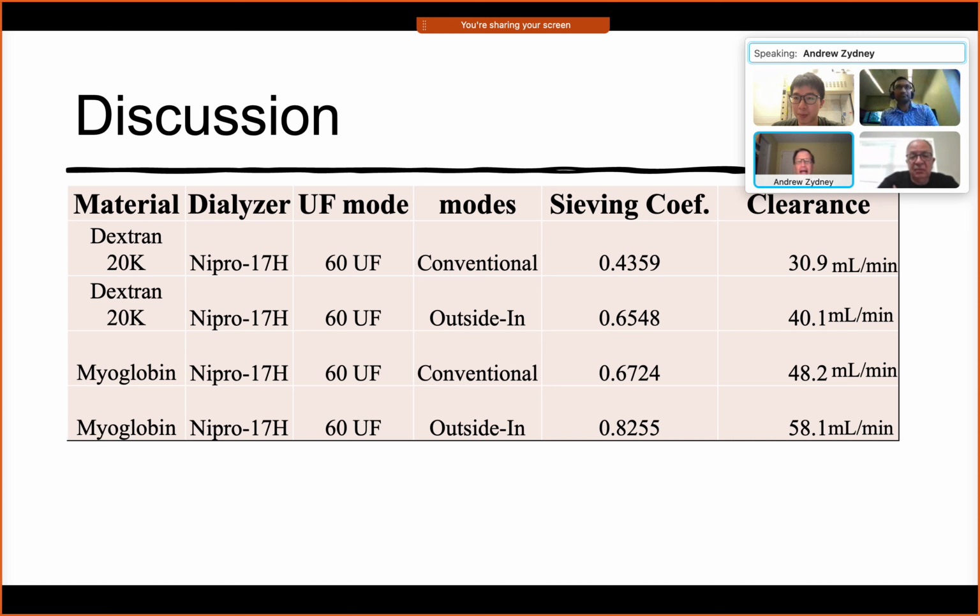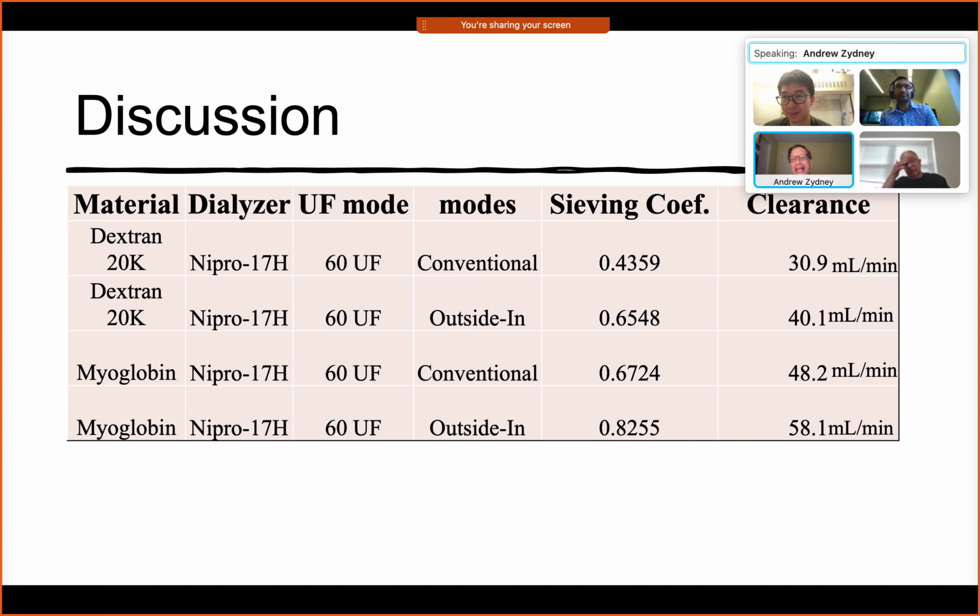And so, I agree with you. The data suggests that the diffusive contribution is relatively small, but relatively small and negligible are not the same things.